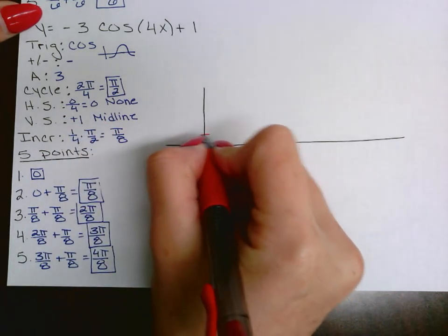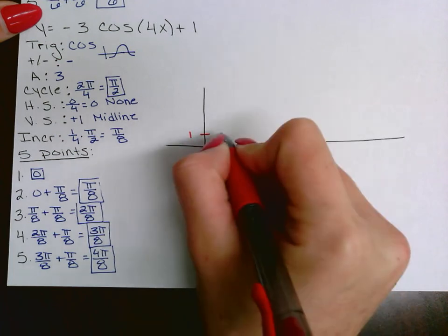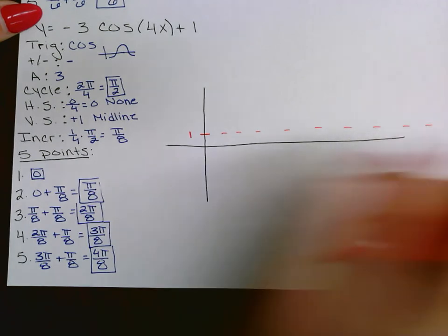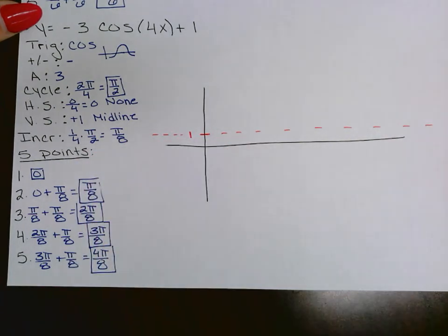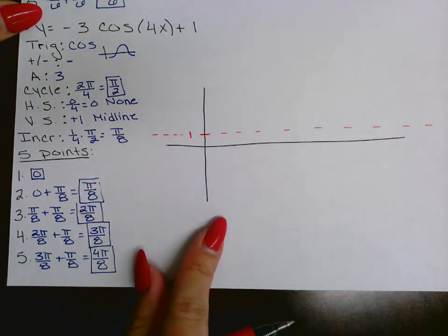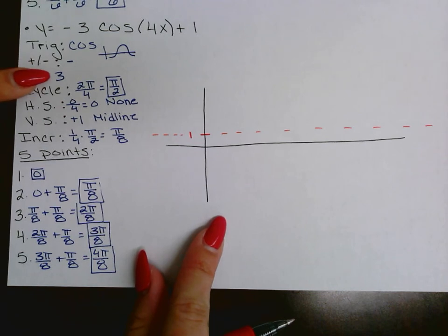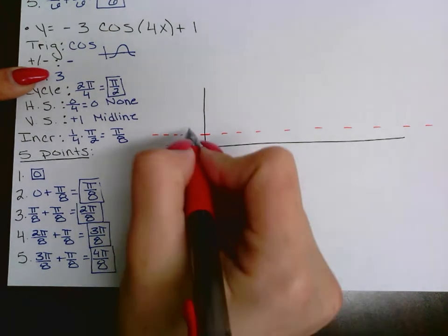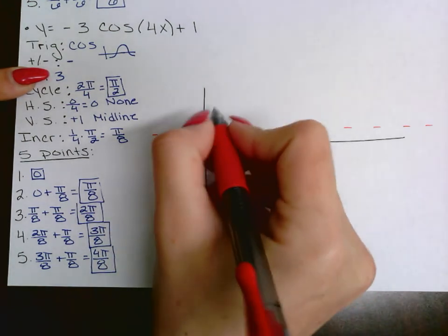So I'm going to draw a little tally here that says 1, and I'm going to draw my new midline. Okay? Now be careful with this part. My amplitude is 3. 3 is the amount that I move up and down. So if I move up 3 from 1, what number do I land at? Good.